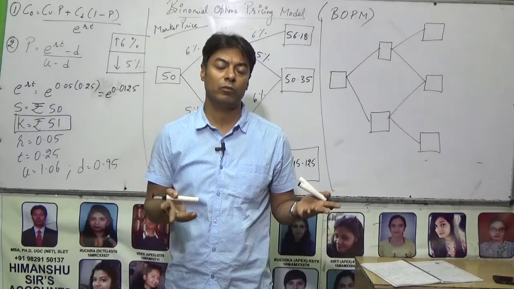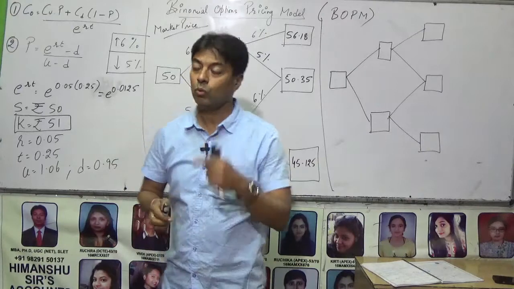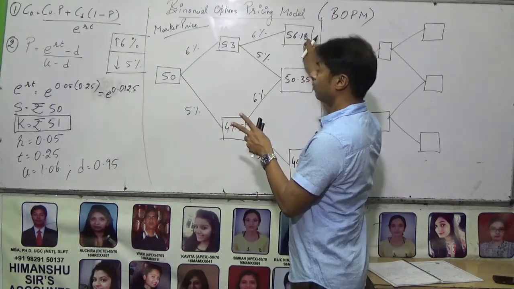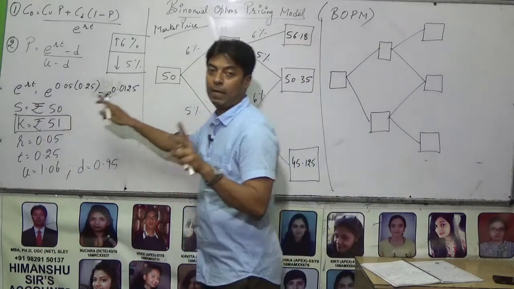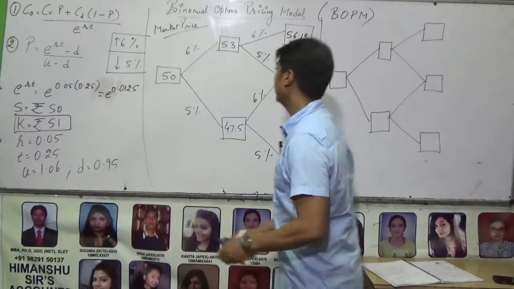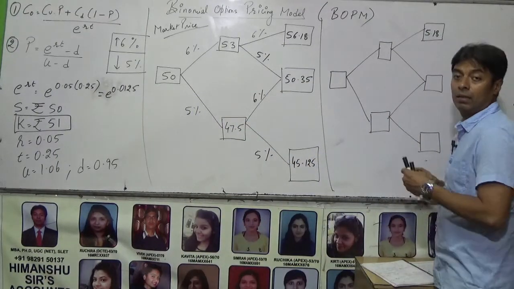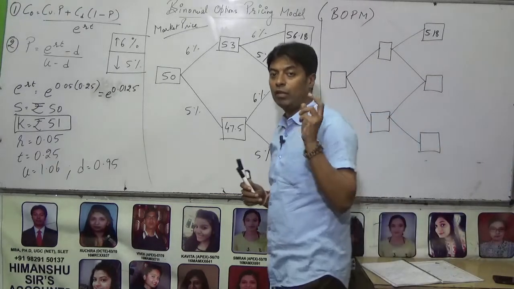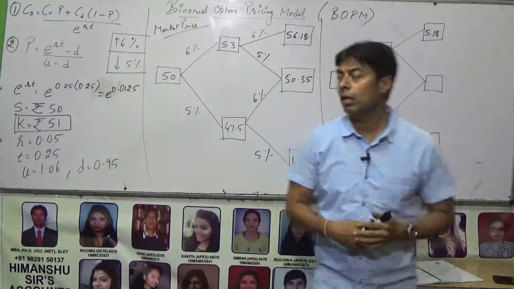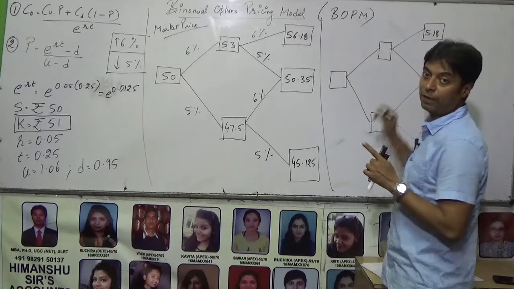Money is getting in. You are getting a profit of the difference between 56.18 and 51. So please subtract 51 from 56.18 and the difference will be equal to 5.18. The difference between the two values will be the real-time profit of the call option buyer. So the profit at this stage is 5.18.